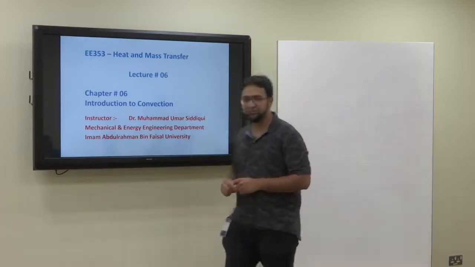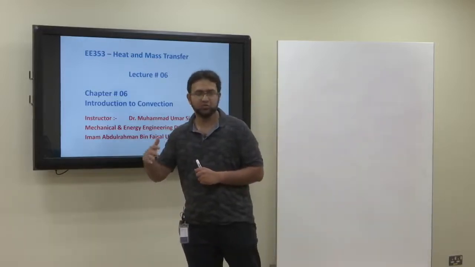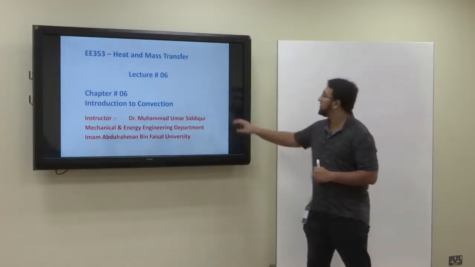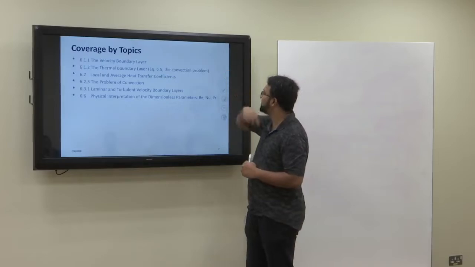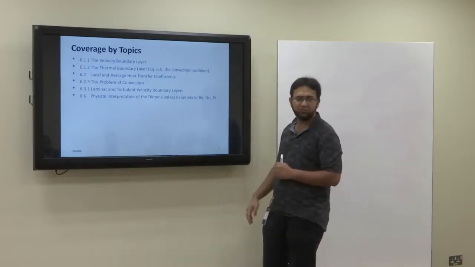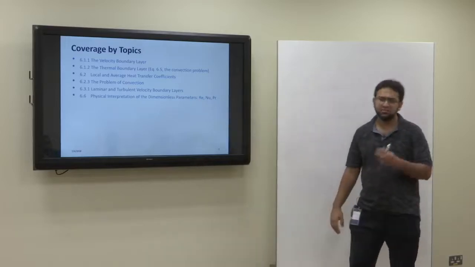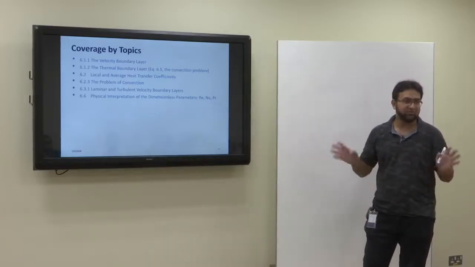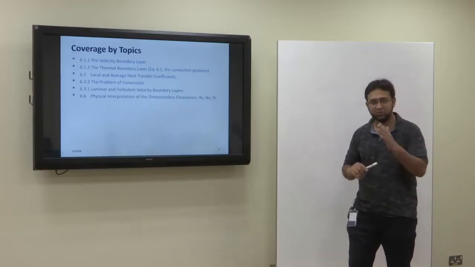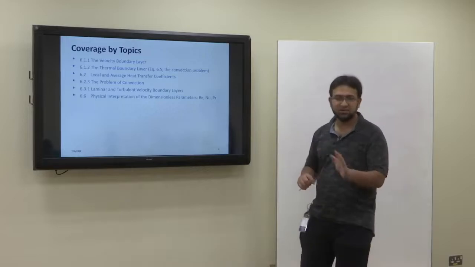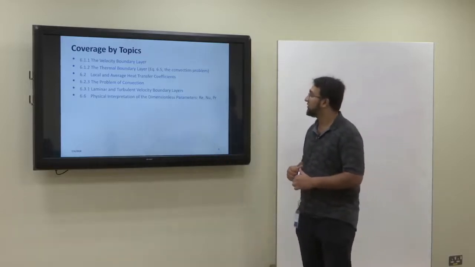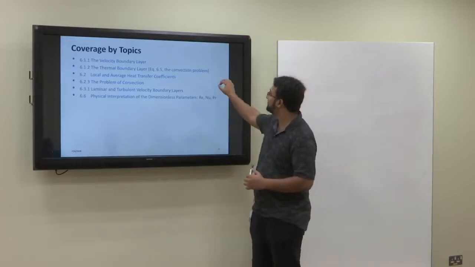Then in chapter number 7, inshallah, from there onward the real convection work starts. So let's start. From here onward, or even before, we are not covering everything in every chapter. There is a whole lot of material, and part of it we cover, and some part we leave. So the things that we are covering are placed here, the coverage for this chapter.